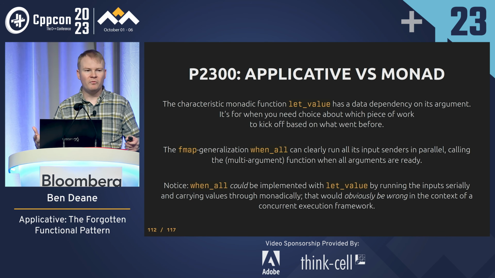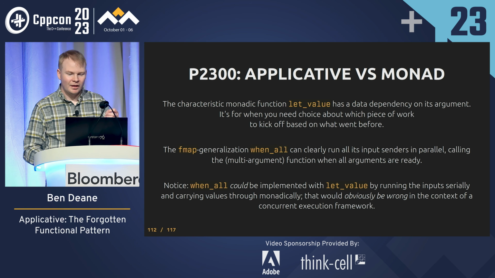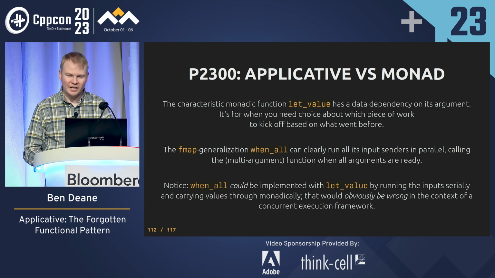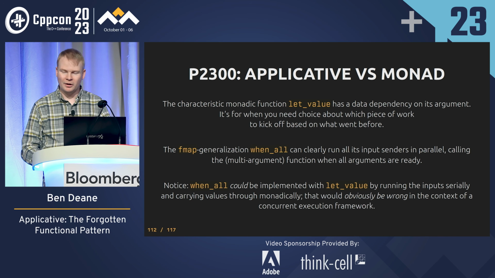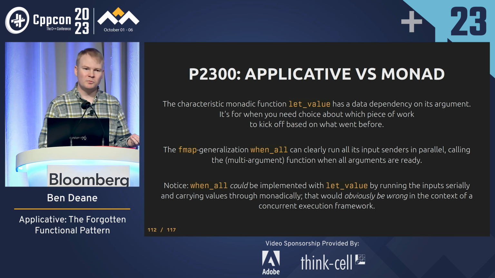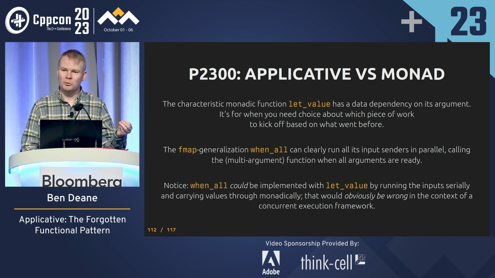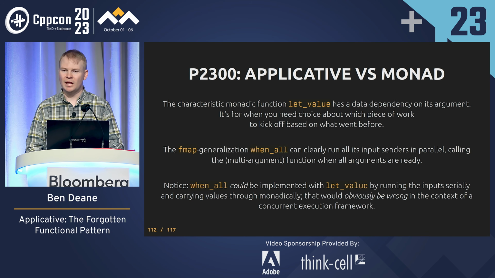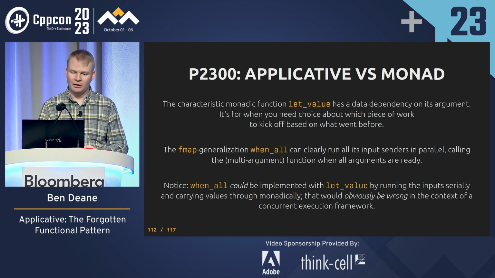It would obviously be wrong, right? Why would you do that in the context of a concurrency library when all of the input senders are running in parallel? And that's the difference between monad and applicative, right? If you don't need that monad, you can get by with applicative, and the engineering choice is there to run it in parallel.